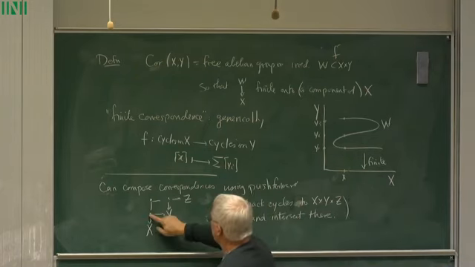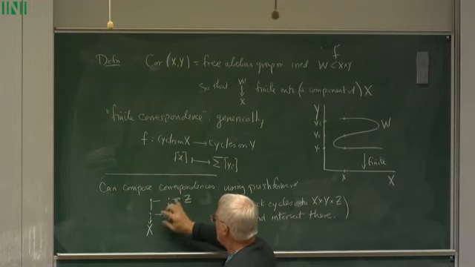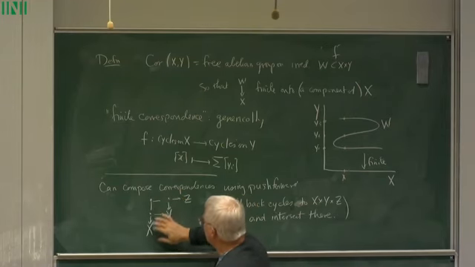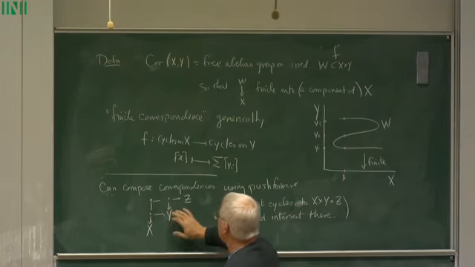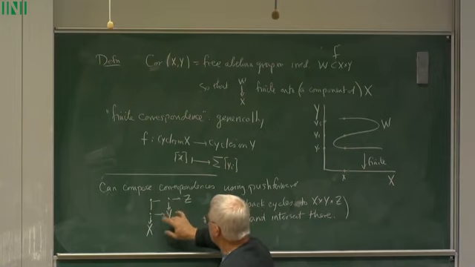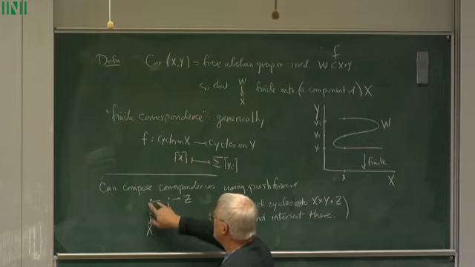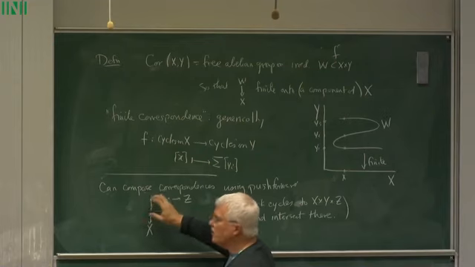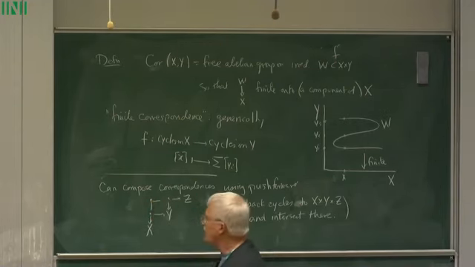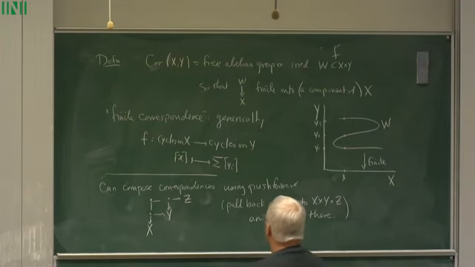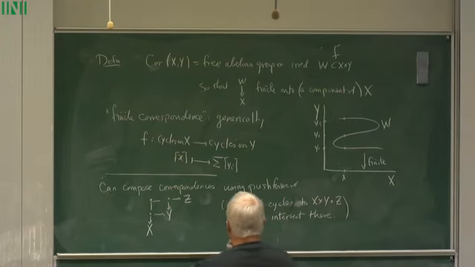So if I take a cycle over X cross Y and a cycle over Y cross Z, I can pull each back to a cycle over X cross Y cross Z. Then I have two cycles in the product. I can take the intersection, I get a cycle on X cross Y cross Z, and then I push forward to a cycle on X cross Z. So this gets a category.